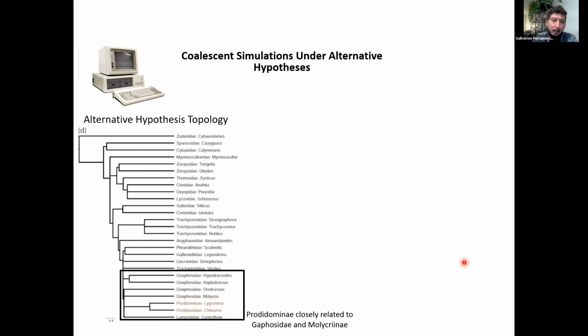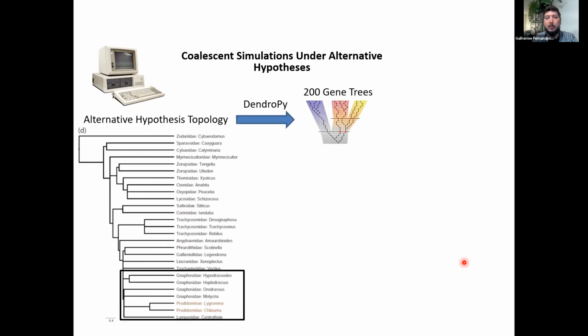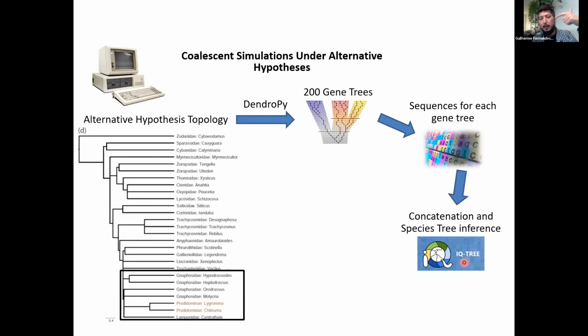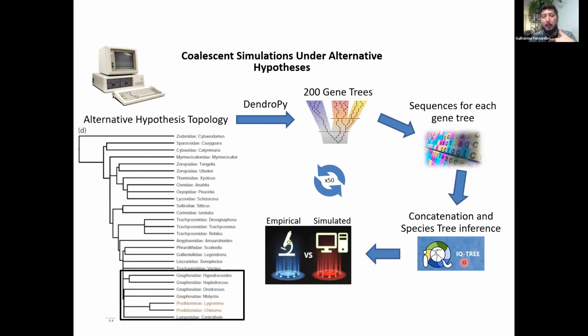We simulated alternative hypotheses, for example Predominant closely related to Gnaphosium Molecular, and we forced this topology and simulated a lot of gene trees based on it. Then we simulated sequences based on these gene trees, concatenated them, inferred the species tree, and compared the simulated with the empirical.